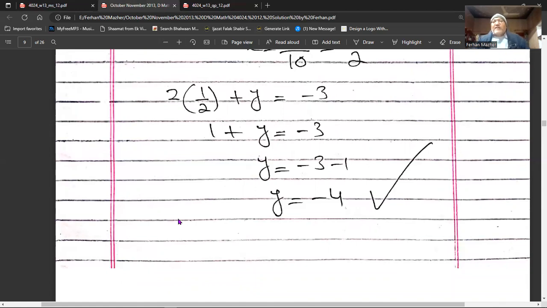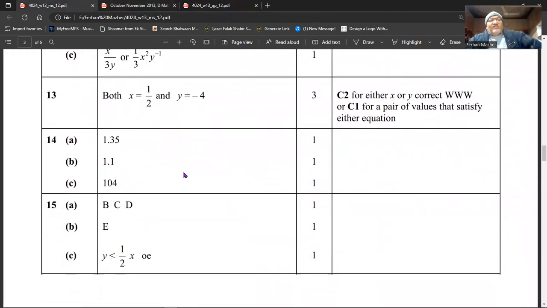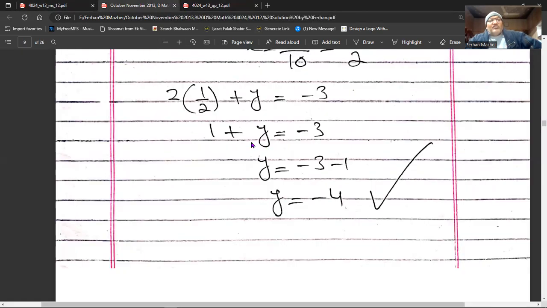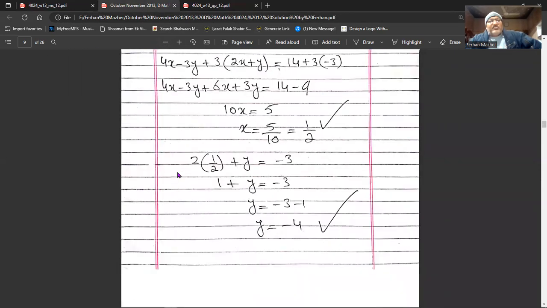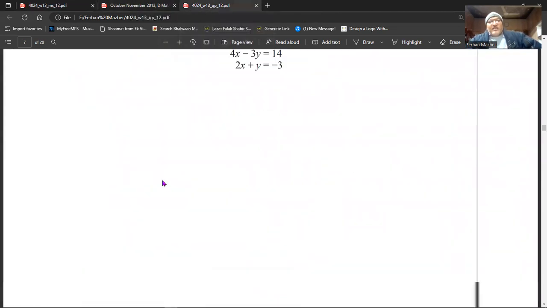So y will be equals to minus 3 minus 1. So y will be equals to minus 4. So the value of the x is 1 by 2 and the value of the y is minus 4. So our solution is showing up. And this is the whole question, question number 13. 3 marks question. I hope you understand.